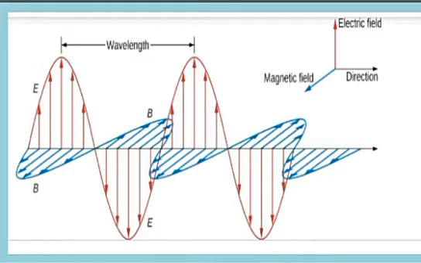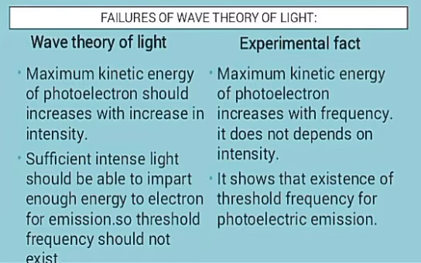So next is the failure of wave theory of light. Here the photoelectric effect could not be explained by wave theory of light. Let us discuss those points one by one.